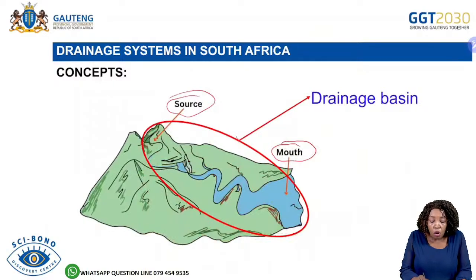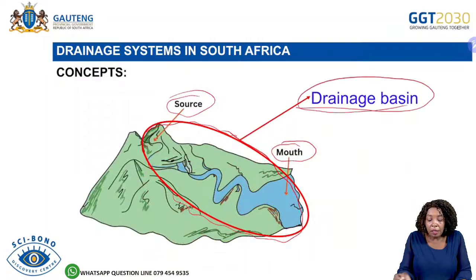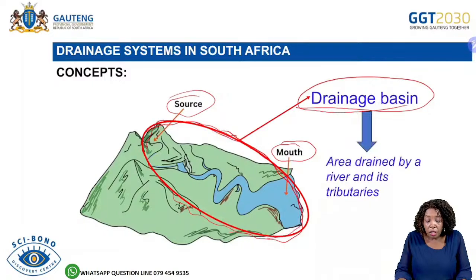With the whole circle that you can see here, what is key, we are looking at a drainage basin. So all this area drained by the river system here would be what a drainage basin is. It's an area drained by a river and its tributaries.